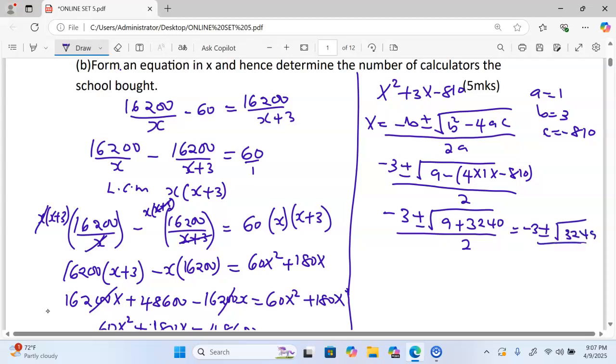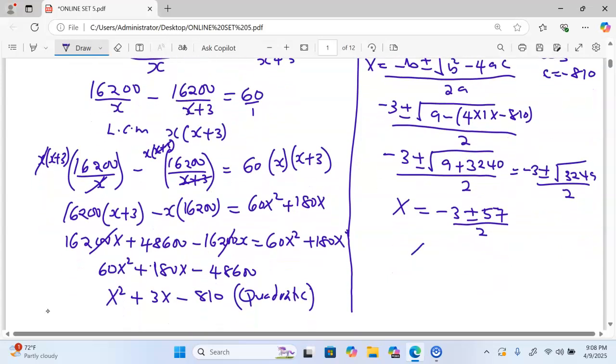This is the same as negative 3 plus or minus the square root of 3249 divided by 2. That means x is going to give us negative 3 plus or minus the square root of 3249, which will be 57. Now we divide by 2.